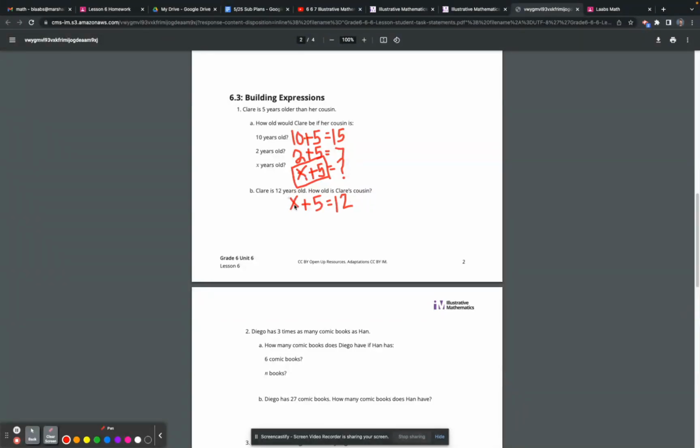So her cousin's age, which is unknown, plus the 5-year difference should equal 12, Claire's age. So I want to get this X alone. So I have to subtract 5 from this side. Whatever I do to this side, I have to do to this side. And X, which is her cousin's age, is going to equal 12 minus 5, 7. So if Claire is 12, her cousin is 7 years old.